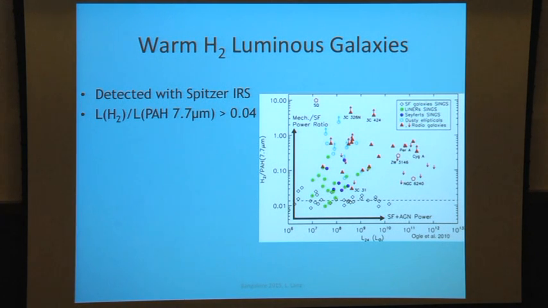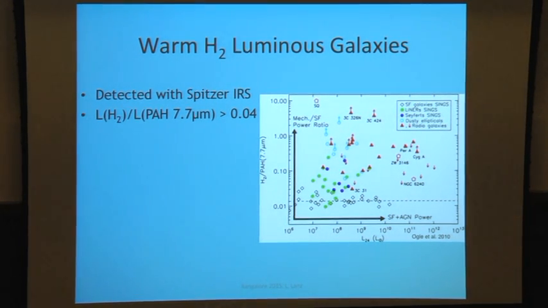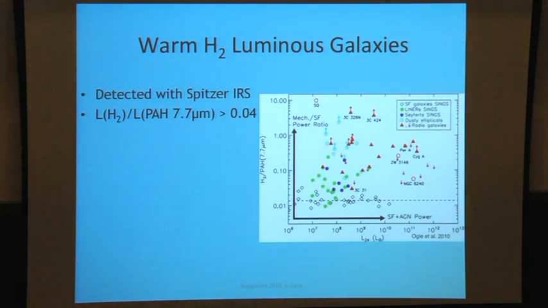But once that ratio gets above about 0.04, photodissociation region models, so models of how the star formation photons come out, can no longer explain the amount of luminosity in the H2 compared to the PAH. The PAH is setting too low a limit on the H2. You need something else to explain the H2 that you're getting.